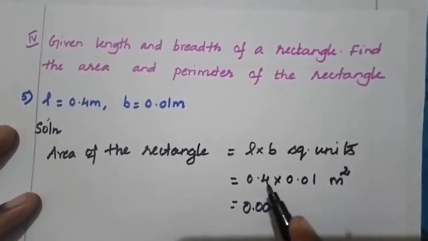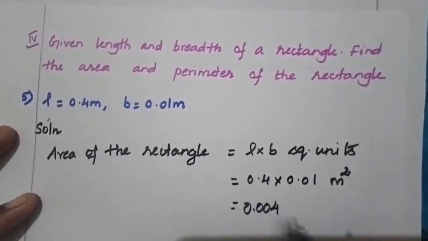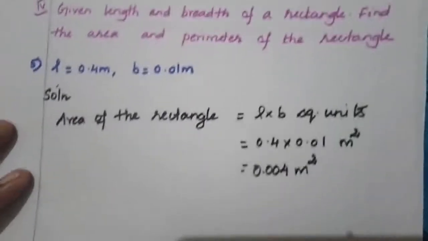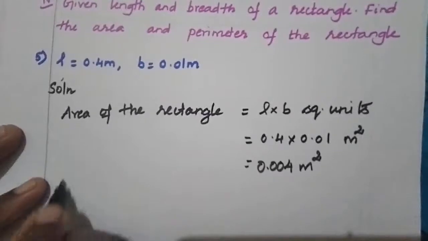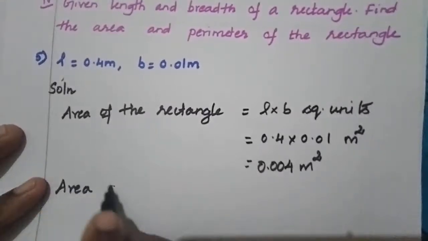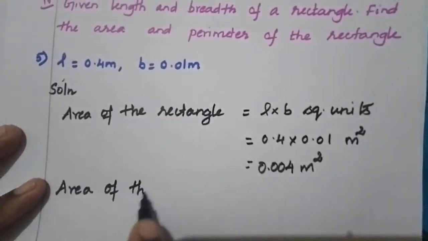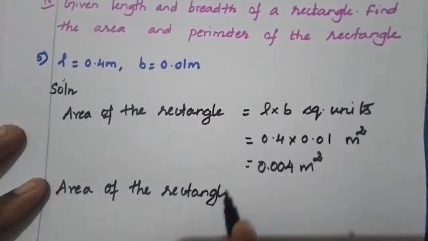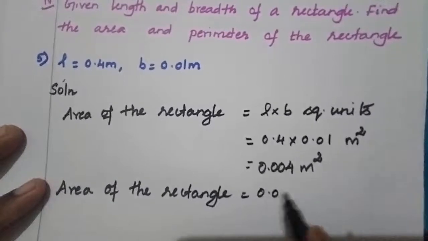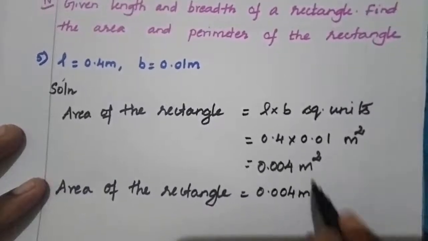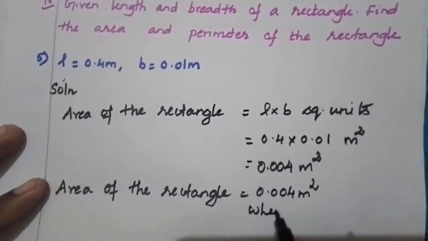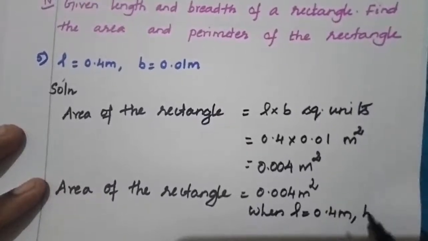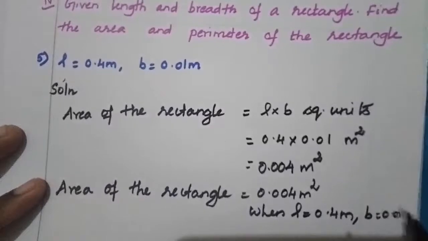Is it clear, children? Yes, meter square. So area of the rectangle is equal to 0.04 meter square, when length is equal to 0.4 meter and breadth is equal to 0.01 meter.